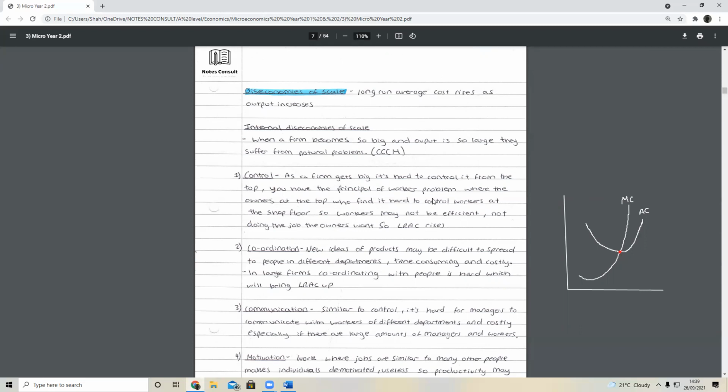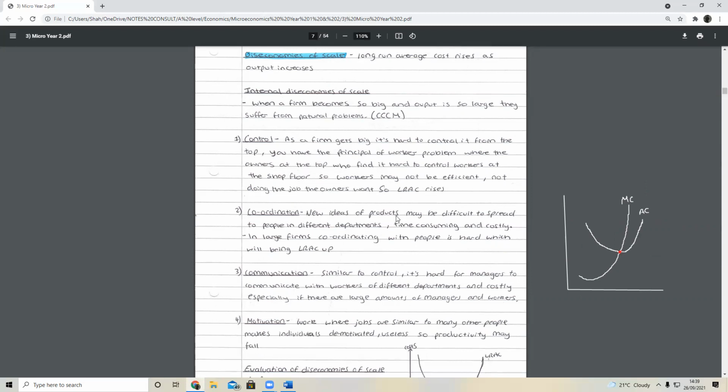But that's very, very hard to do. And if it's not done right, then LRAS can increase. And you have to hire all these managers to actually keep it in place, and that can be costly. So LRAS is increasing with more output. It's not beneficial for this firm to become any bigger because it's so hard to control all of these people, all of these workers, the machines and everything.